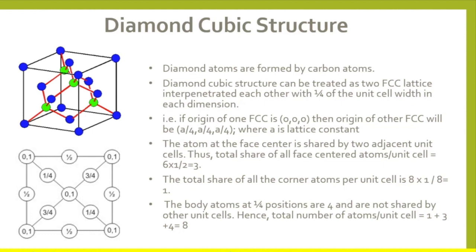So the face-centered atoms will contribute 3 atoms to one cell, the corner atoms will contribute 1 atom to the cell, and the body atoms are 4. So the total number of atoms per unit cell will be 8. Here the atoms shown in green are the body atoms.